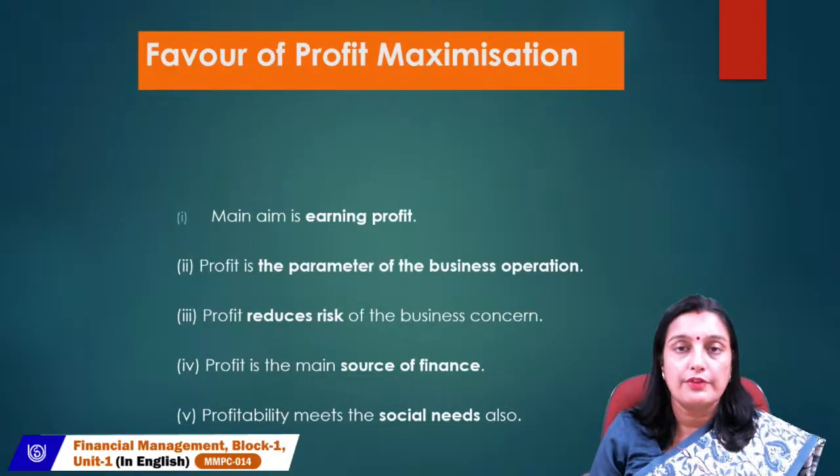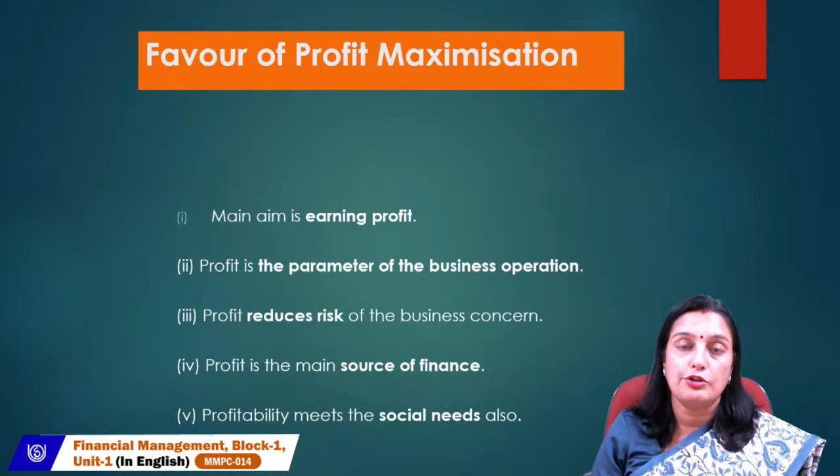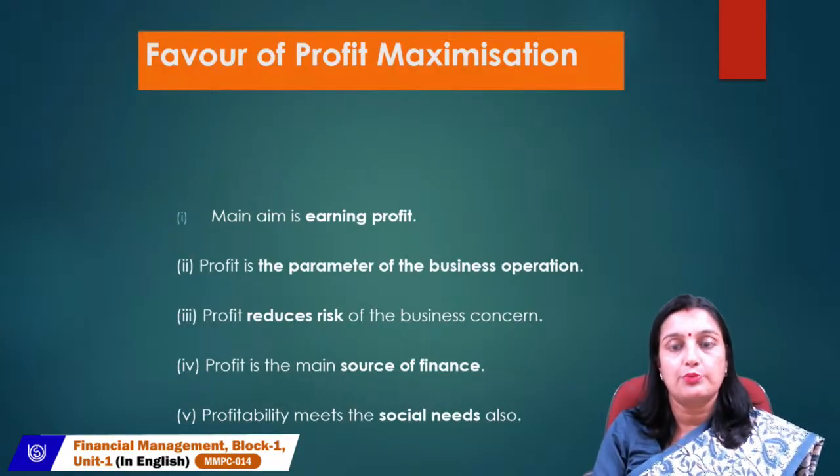There are various sources of finance in a company, but if you invest in any project or proposal, your main earning is the profit. Then profitability also meets social needs, so you can meet the needs of society whenever required. These are all the favorable points for profit maximization.